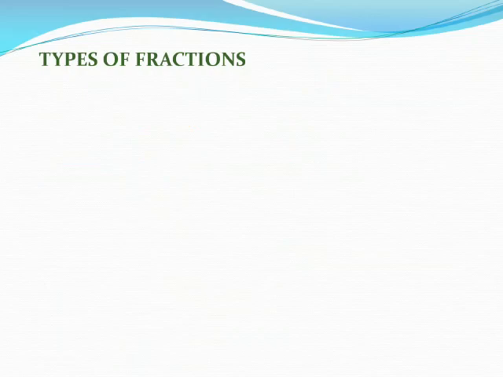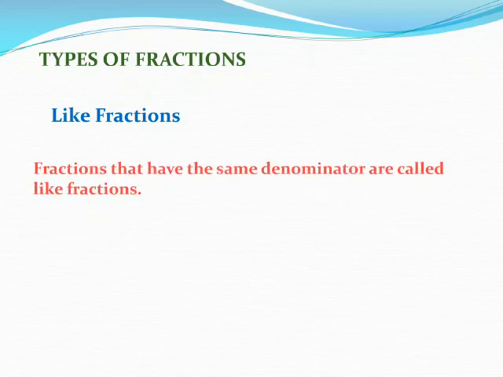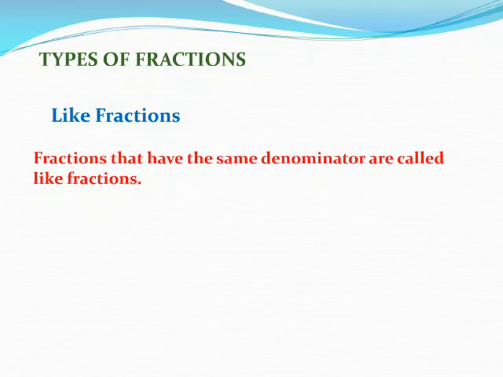Now, let us see the types of fractions. First, like fractions. What are like fractions? Fractions that have the same denominator are called like fractions. Example, suppose these are the PA1 marks of 5 main subjects. You know that the total marks of each subject is 25. Suppose you got 23 marks in EVS. This will be written as 23 by 25.